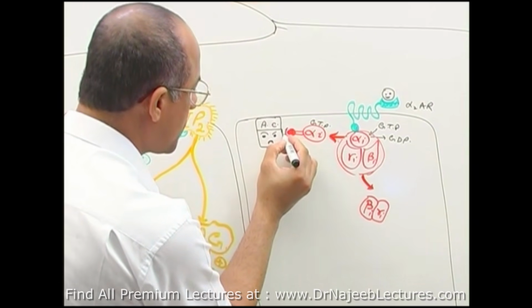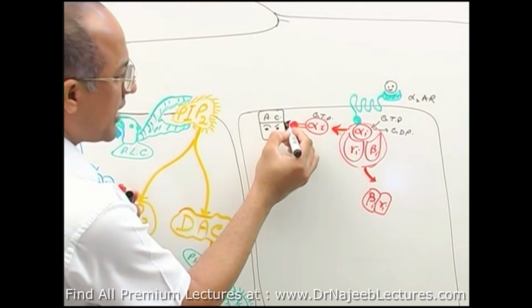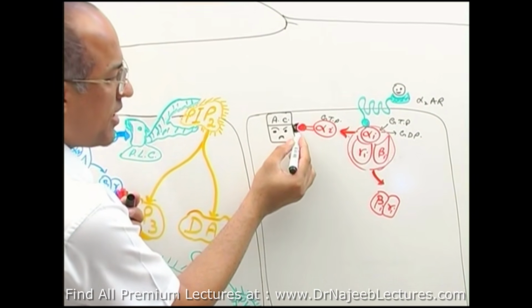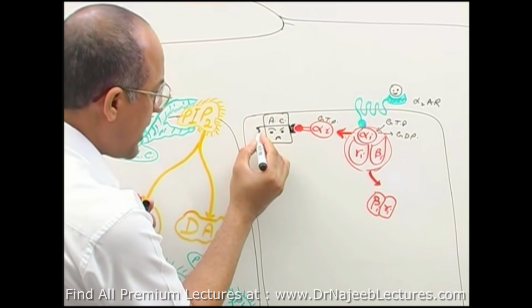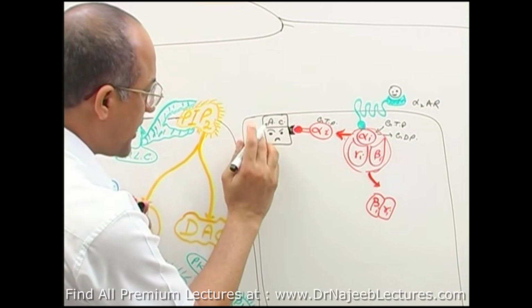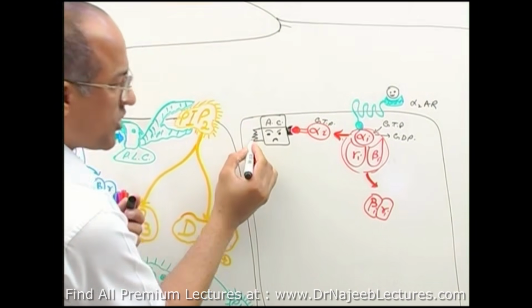It will bind to this component of the adenylyl cyclase, and adenylyl cyclase has 2 domains, at one domain alpha inhibitory binds, and it has another, different domain. With this domain, alpha stimulatory binds.